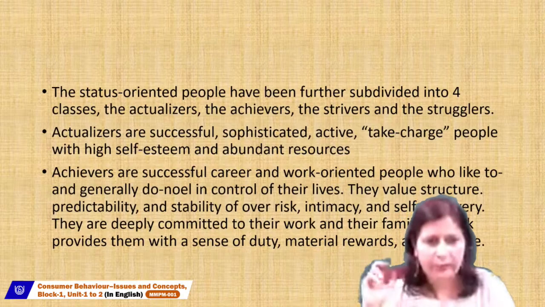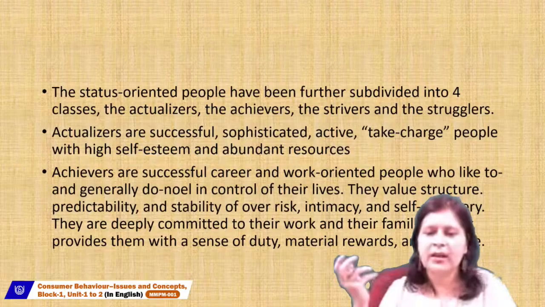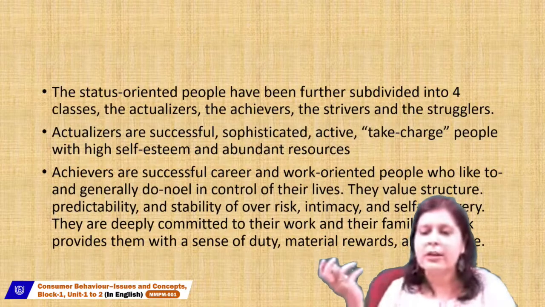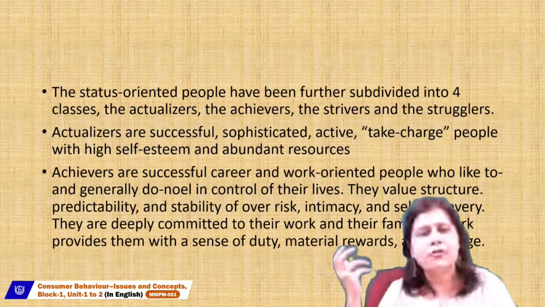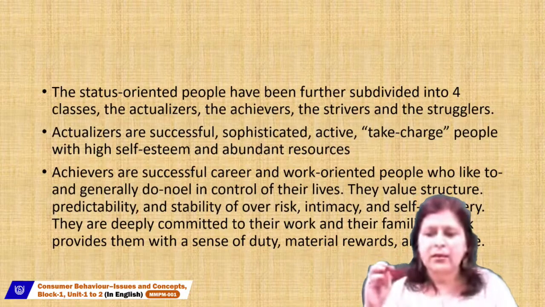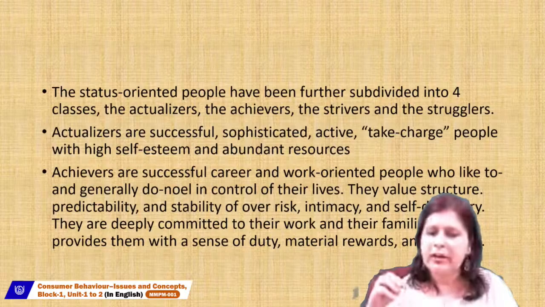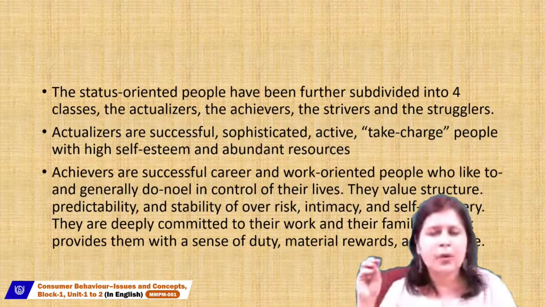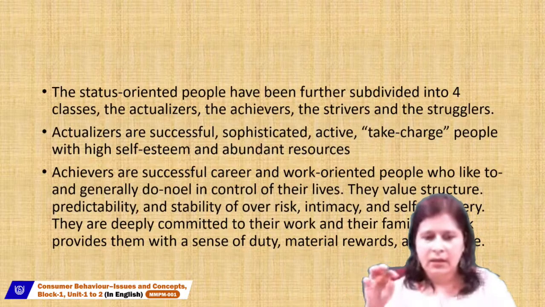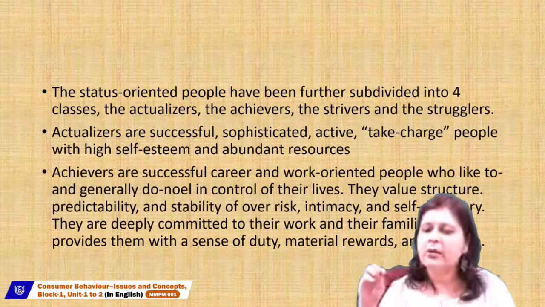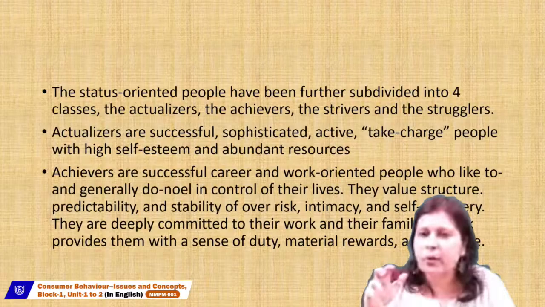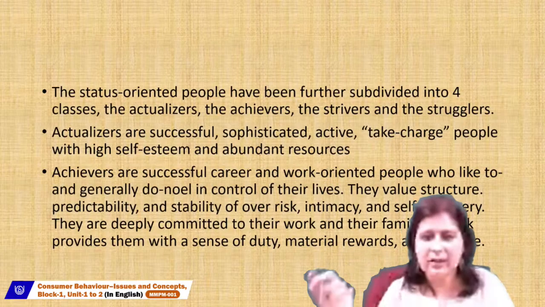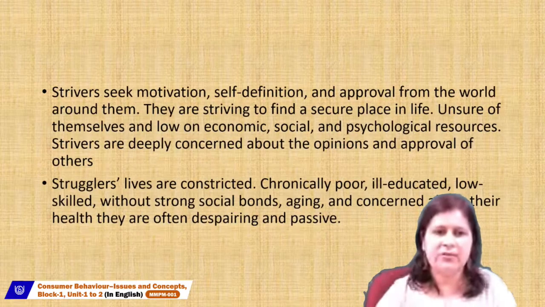Achievers are successful career and work oriented people who like to be in control of their lives. They value structure, predictability, and stability over risk. They are deeply committed to their work and their families, and work provides them a sense of duty, material rewards, and prestige. So they are the achievers.